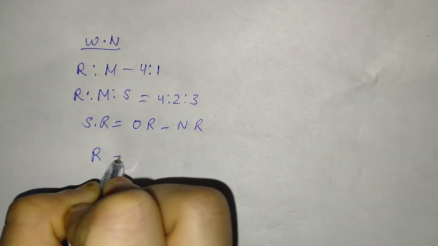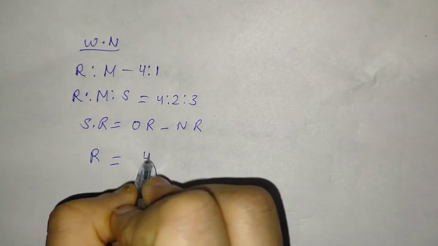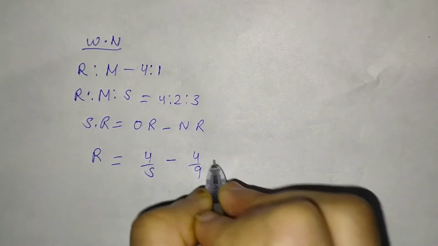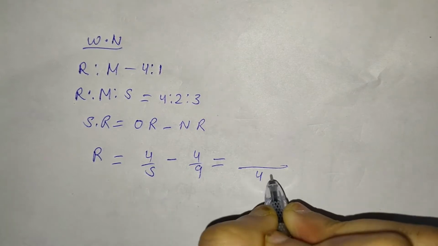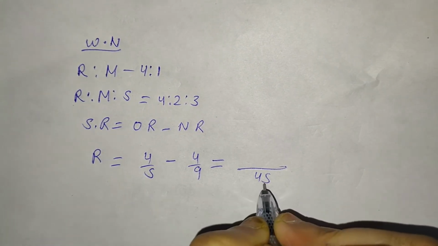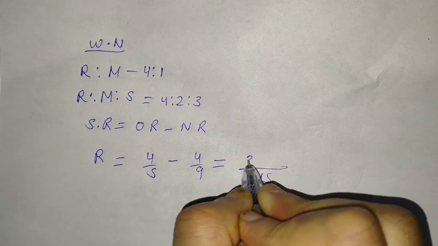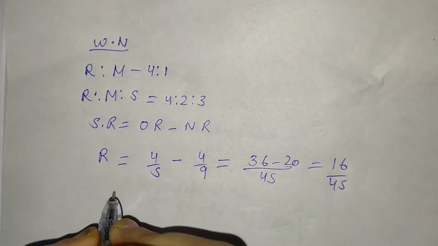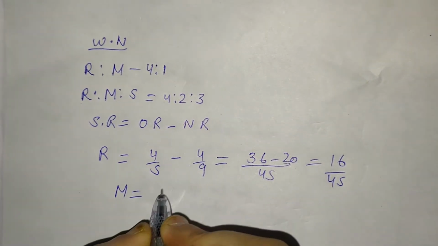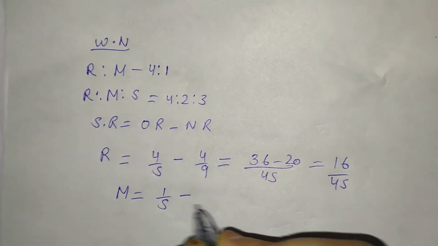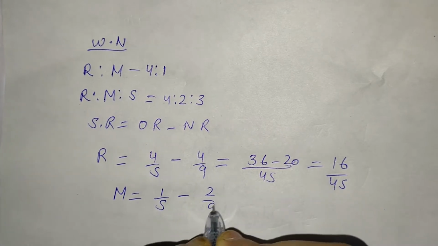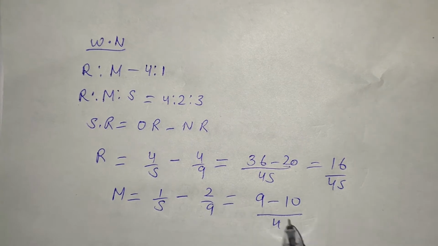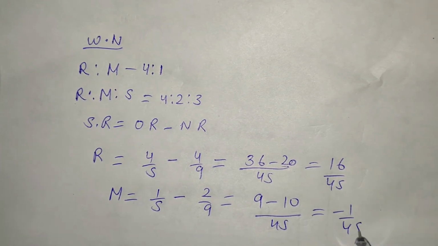First of all, Ram's sacrifice: the old share is 4/5 and the new share is 4/9. After solving this, the LCM is 45, so we get 16/45. The second partner is Mohan, whose old share is 1/5 and new share is 2/9. After calculation, we get minus 1/45.